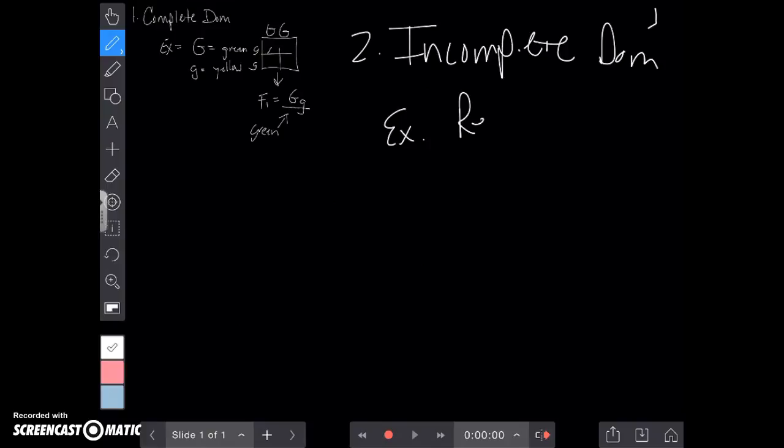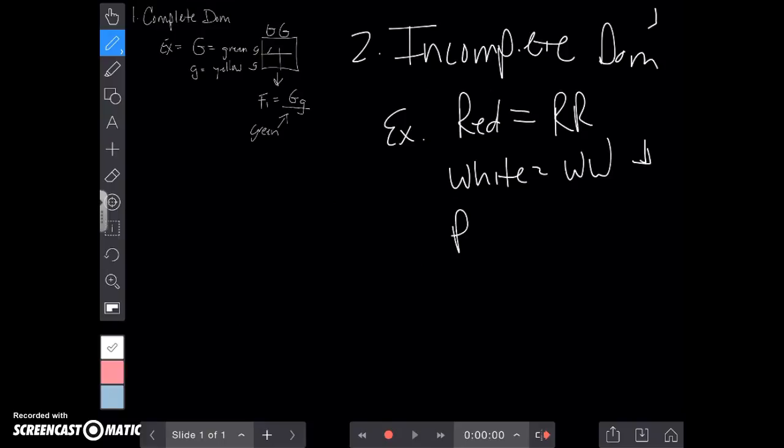If we have a red flower and a white flower, we're going to have the genotype red here, white here, but when they mix in a Punnett square, we can get a brand new phenotype. When a third phenotype shows up that wasn't the original, you get a mix.